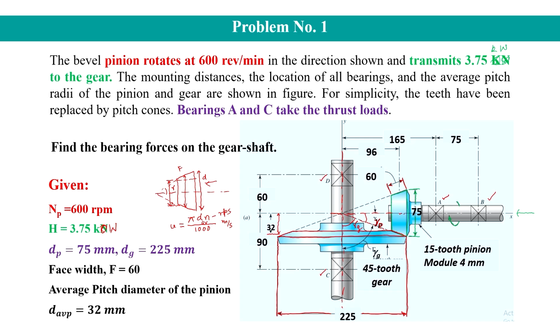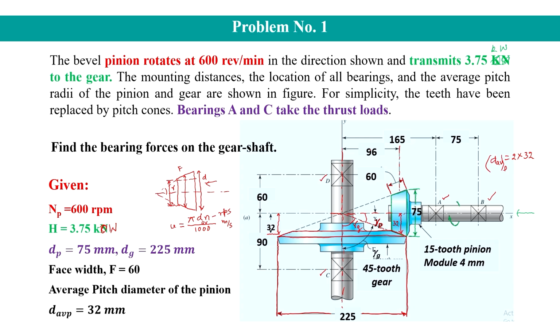This is showing the radius. This distance is given, this, and this is 32. This is equal to this one. So, this is your 32. It means the average pitch radius is 32 for the case of pinion. So, D average will be 2 times 32 for the case of pinion. It is given in this figure. Similarly, for the case of the gear, see this distance.